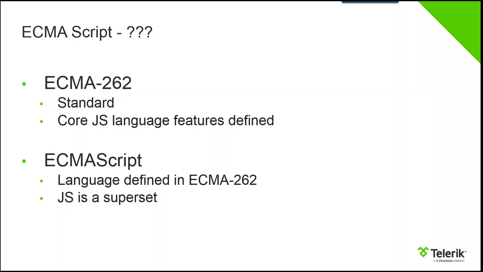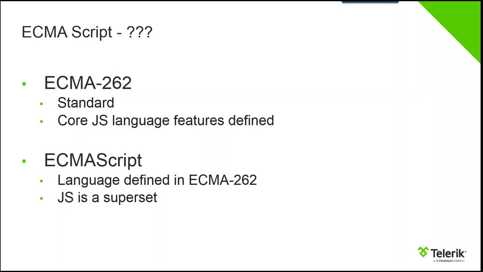Mind you, ECMA 262 is just a standard which laid out that if there is a language called JavaScript, it should support these features. That's all they said, but it's not that it is JavaScript. It's a standard which defined the language features. The language developed based on this standard was called JavaScript.